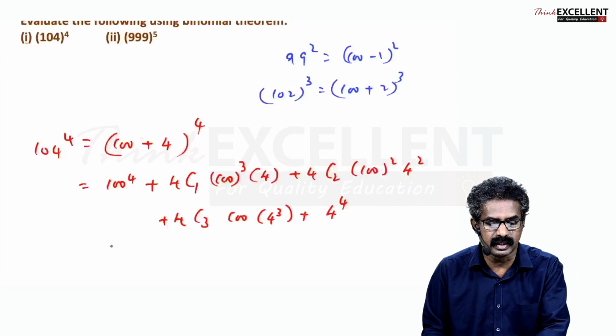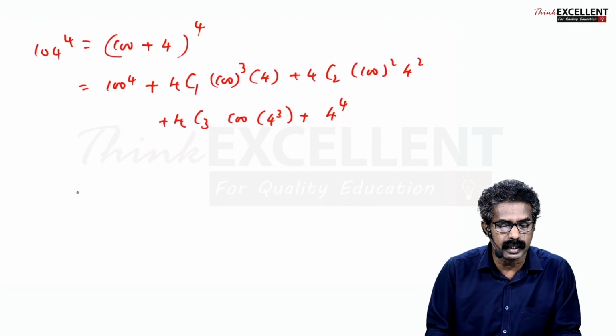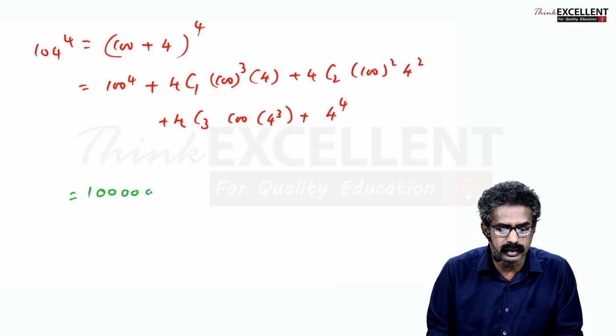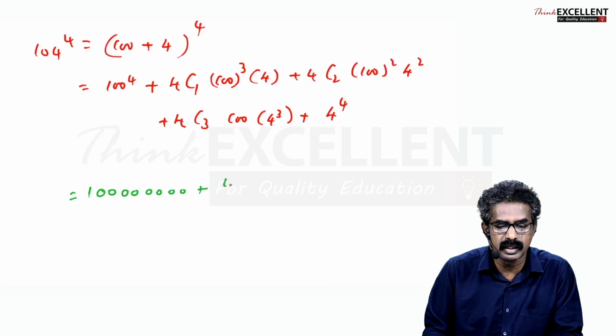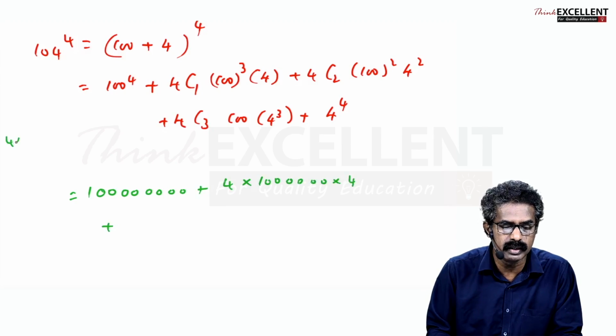You know how to simplify this. So 100 raised to 4, that is 1 and 8 zeros, right? 100 raised to 1, 2, 3, 4. Calculation only you have to do carefully. 4c1 is 4 into 100 cubed, 6 zeros, into 4, plus 4c2. 4c2 means 4 into 3 by 1 into 2, right?